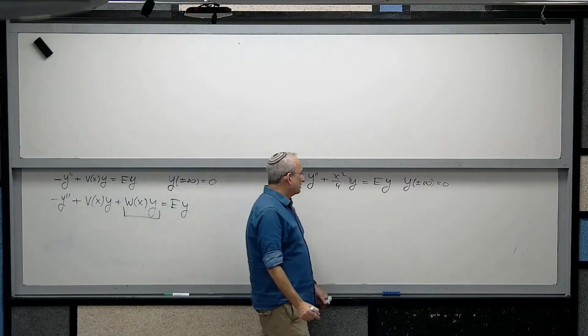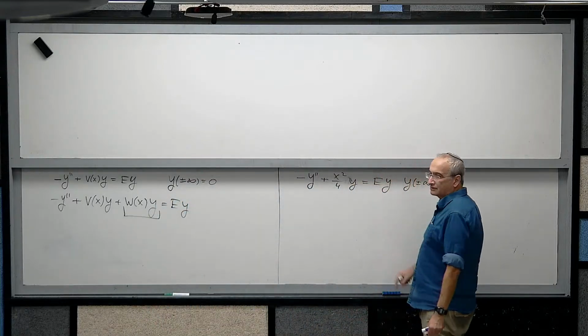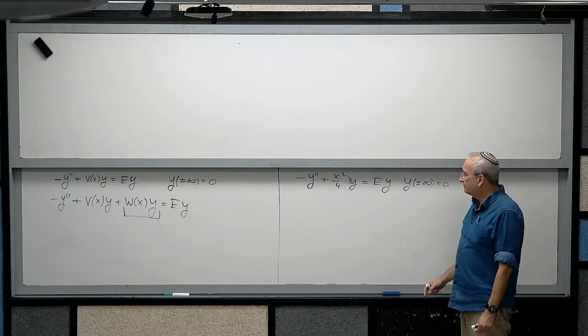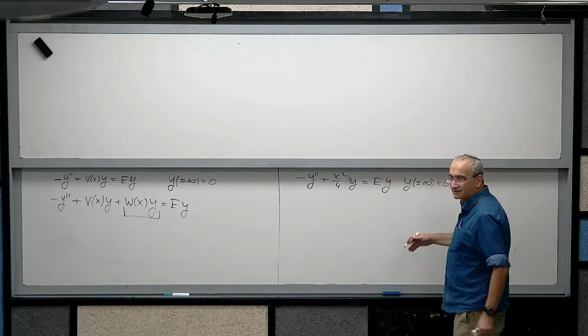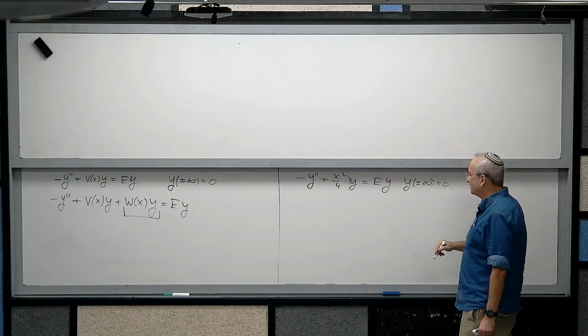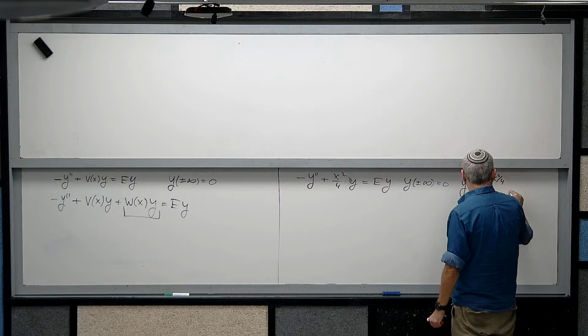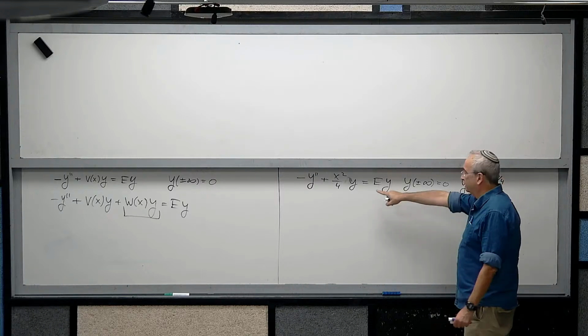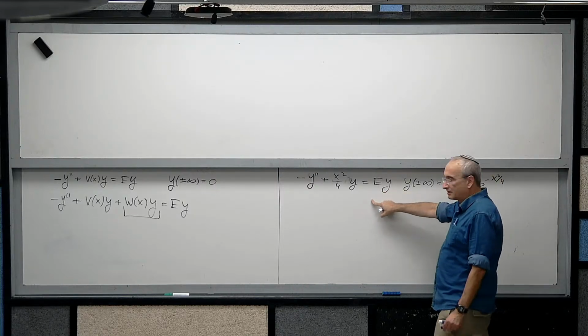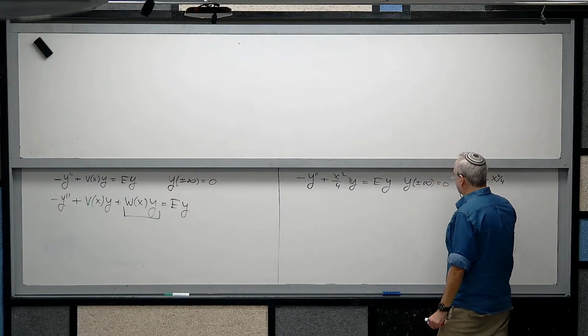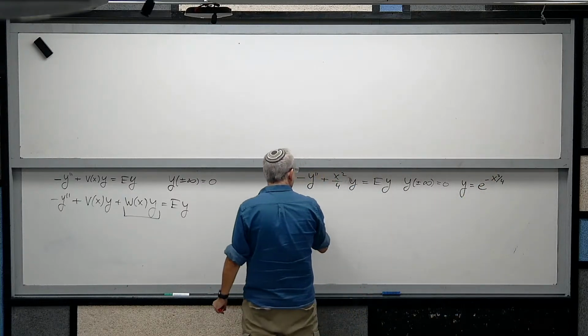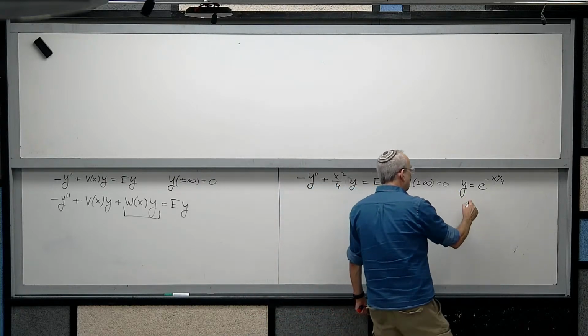And you all know that if I'm asking what is the ground state of this problem, the answer, in these fantastic units where everything is 1, is psi equals e to the minus x squared over 4. Now let's plug it here, just to make sure.